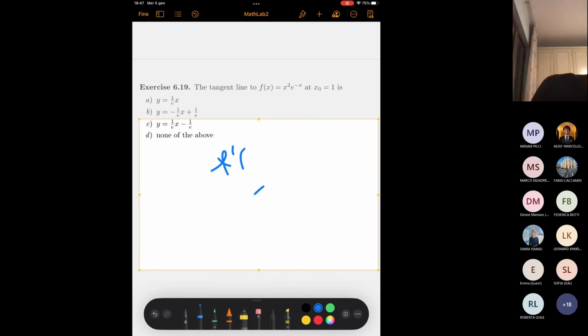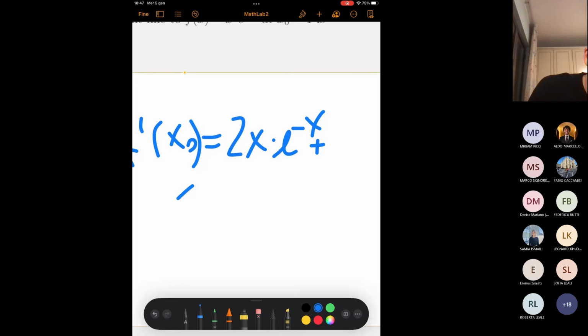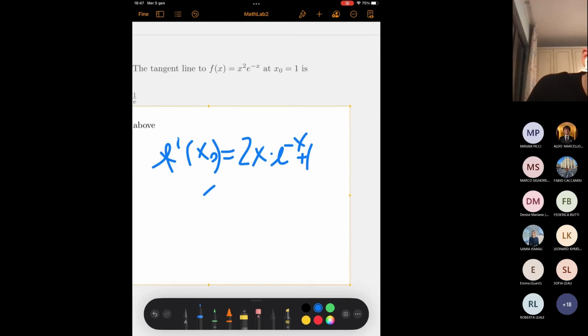So if we want to calculate f prime of x0, basically it's equal to 2x times e to the minus x, as we said, plus -1 x squared times e to the minus x.